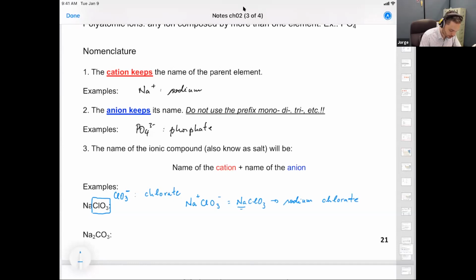Usually your polyatomic ion is the last 2 elements in the formula. CO3, from Nick the Camel, comes from CO3 2 minus. And we know that CO3 2 minus is labeled as carbonate.